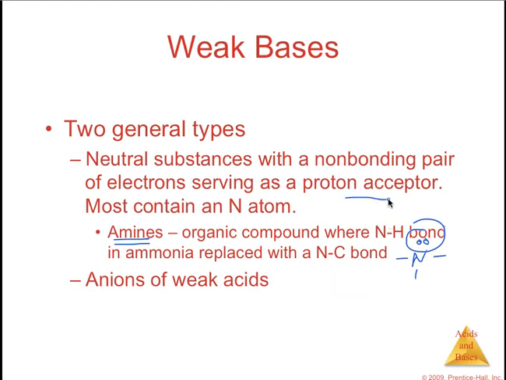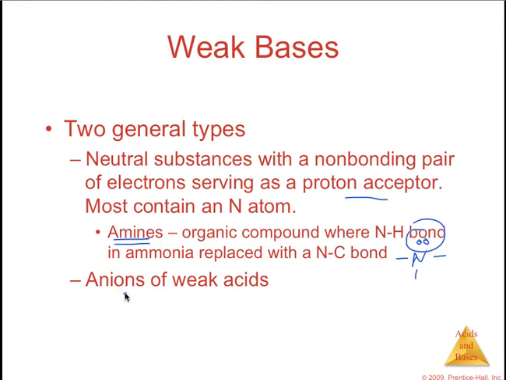You know what? I misspoke. Proton acceptor is a Bronsted-Lowry base. This is an electron pair donor, which would be the Lewis base.